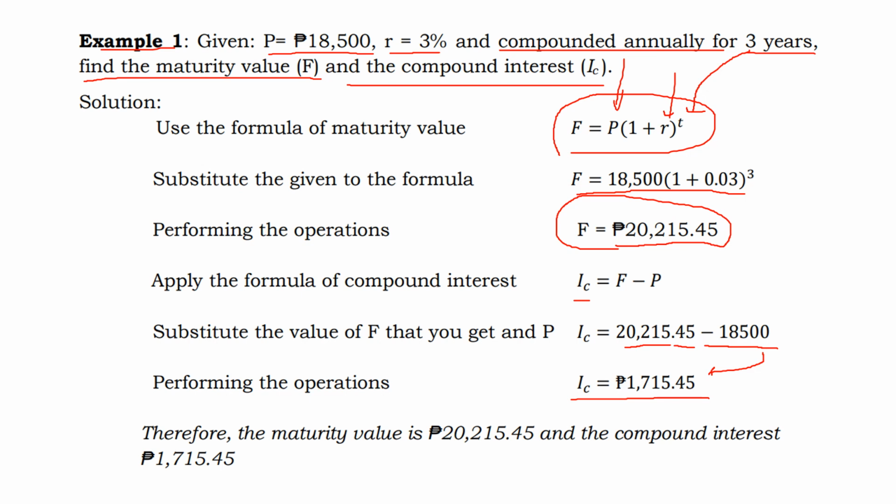So therefore, our final answer with this one, the maturity value is 20,215.45 pesos, and the compound interest is now 1,715.45 pesos.